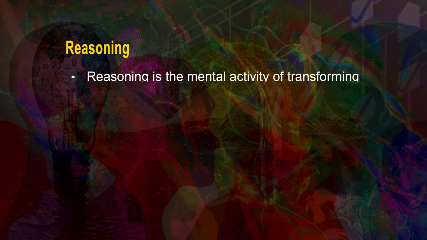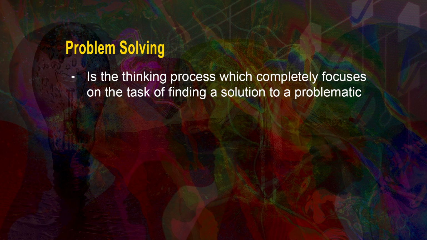Reasoning is the mental activity of transforming information to reach conclusions. Problem solving is the thinking process which completely focuses on the task of finding a solution to a problematic situation. Creativity can be defined as the combining of responses or ideas in novel ways.